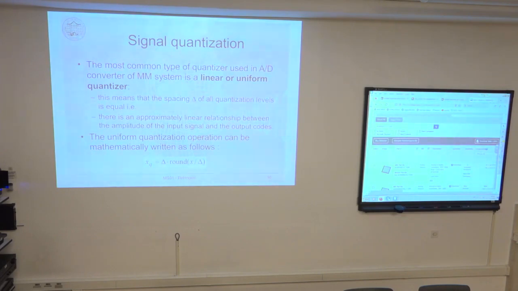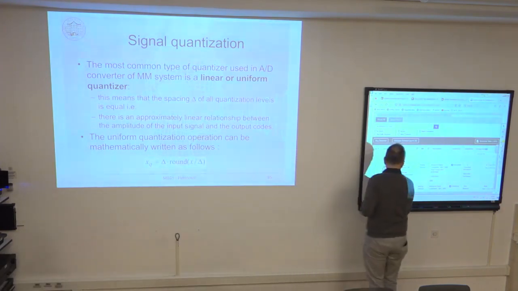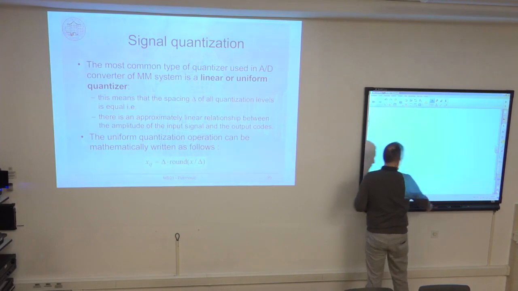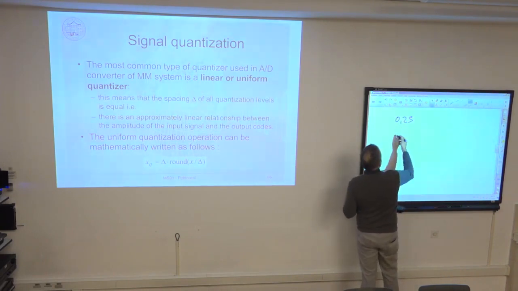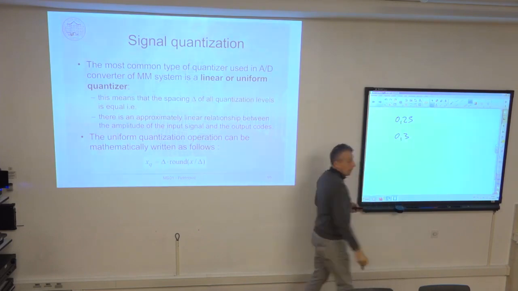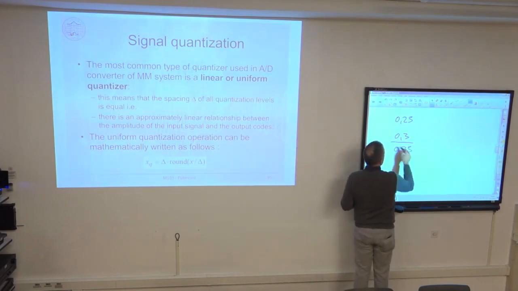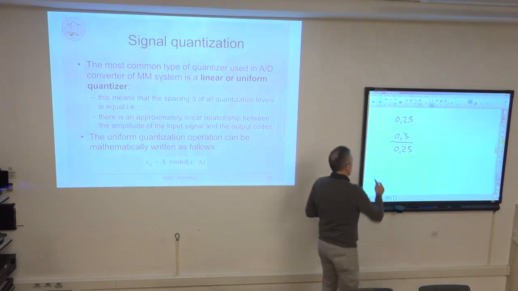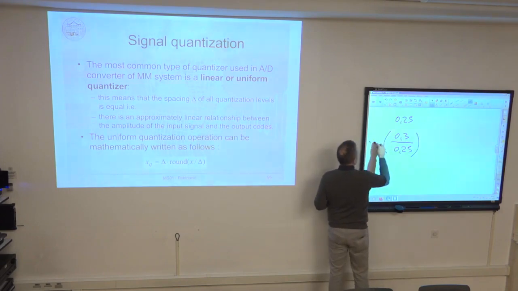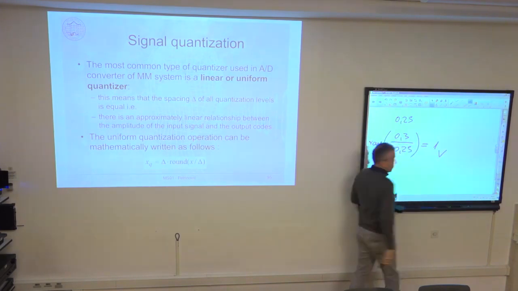For example, just to be figurative, let's say that the step size is one quarter, and our value was 0.3. If I divide this 0.3 by the step size, 0.25, it is about 1.2. After rounding this value to the nearest integer, I get integer 1.